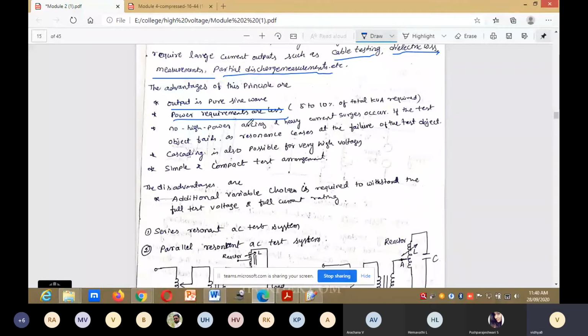No high power arcing and heavy current surge occur. If the test object fails, resonance ceases at the failure of the test object.